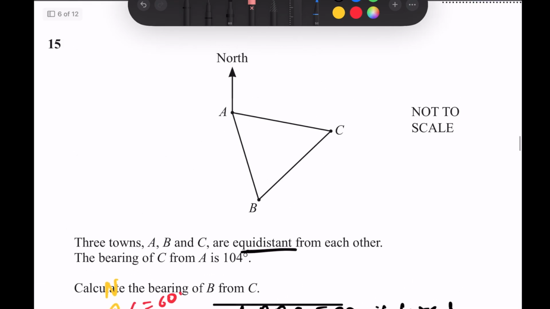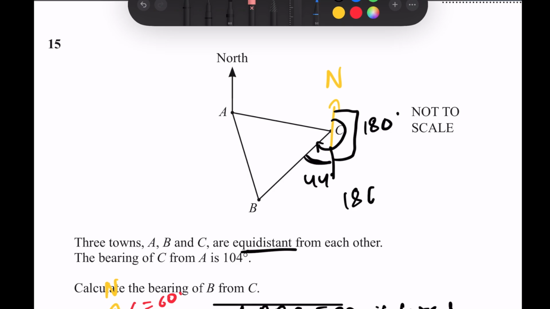As you can see over here, if we drew a line and made N over here, the bearing would be this angle. This angle is 44, as we found out before, and this angle is 180 degrees since it's a straight line. So 180 plus 44 is the bearing of B from C, which is 224 degrees.